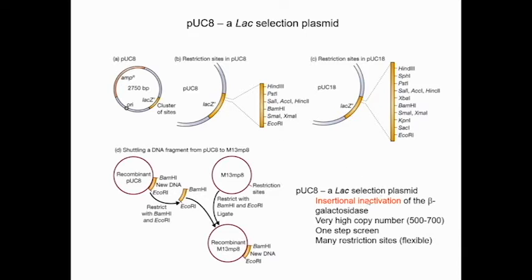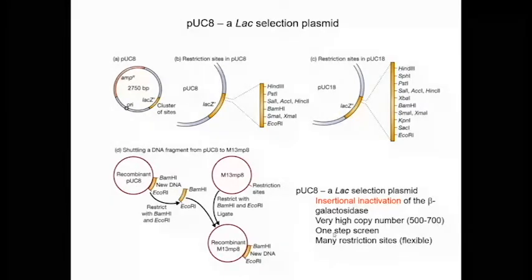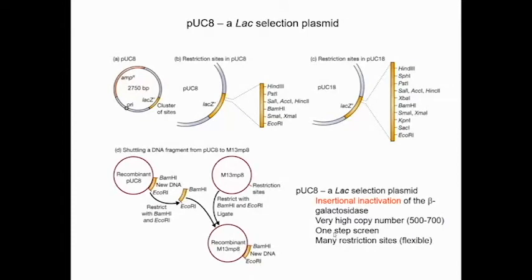That's why it's called insertional inactivation. And the one-step screen: later on, we will explain it, because the combination of the ampicillin resistance gene and lacZ helps us do a one-step screen to find the precise recombinant cell we want.